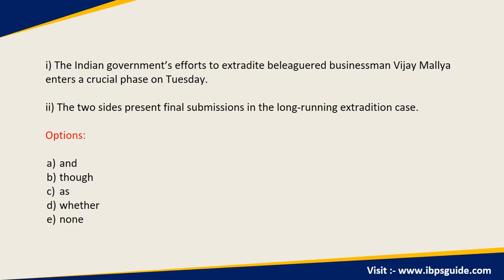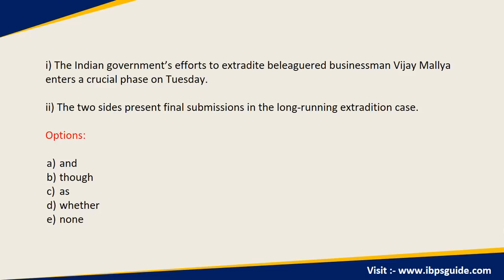So it is reaching a crucial concluding point because all the final evidence is being submitted. So we need to identify the cause and effect relationship in these sentences. What is mentioned in the first sentence is happening due to what's mentioned in the second sentence. Therefore, we need a connector that shows this cause and effect relationship.